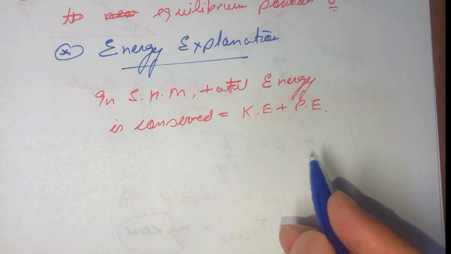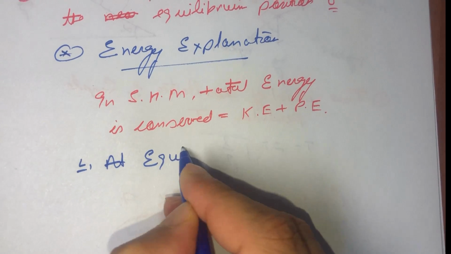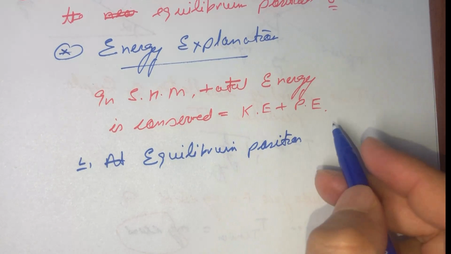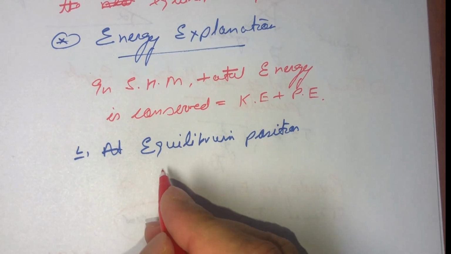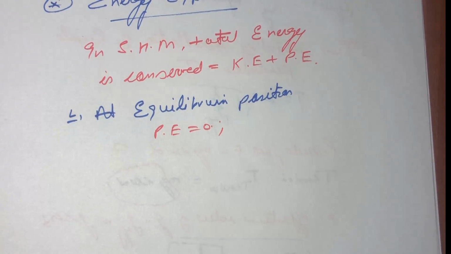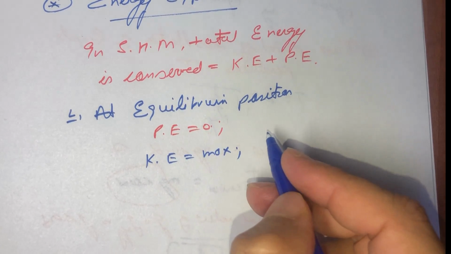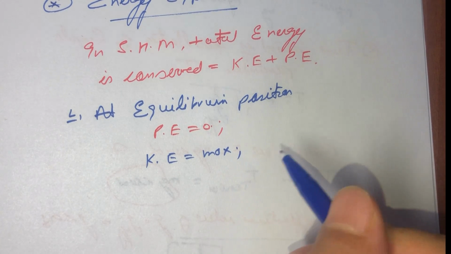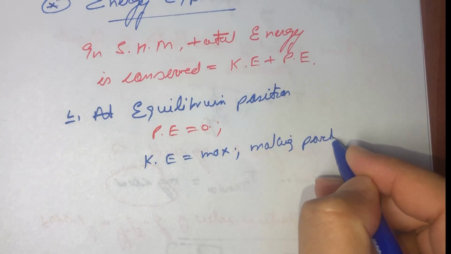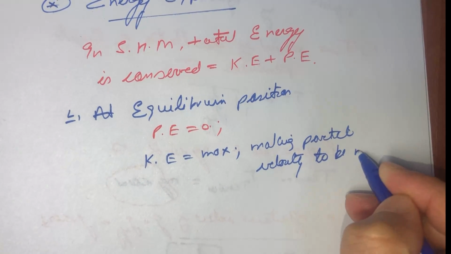At the equilibrium position, potential energy is equal to 0 and kinetic energy is maximum, which means that the particle velocity will be maximum.